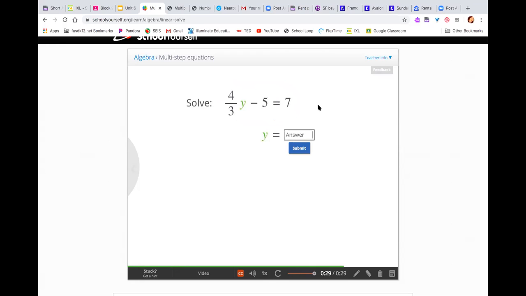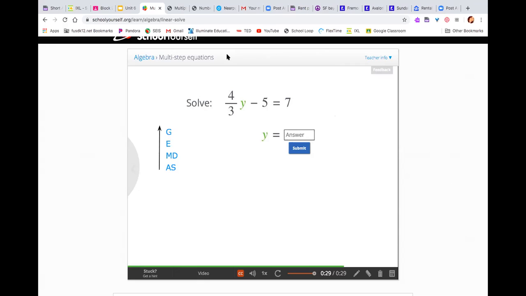Okay, so what are we going to do? I have a fraction times a variable, and then I have -5.